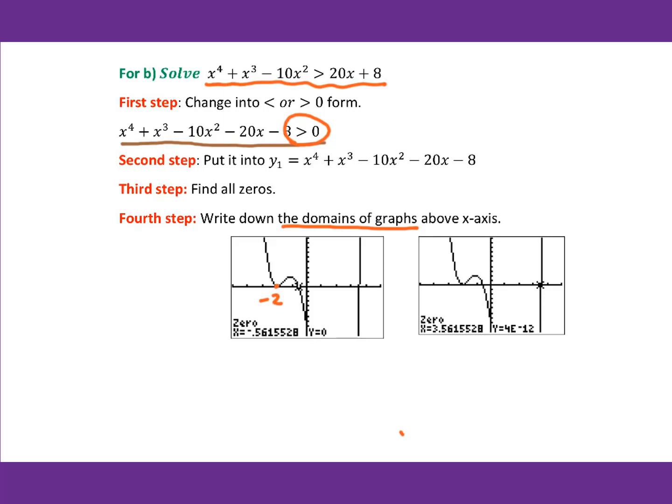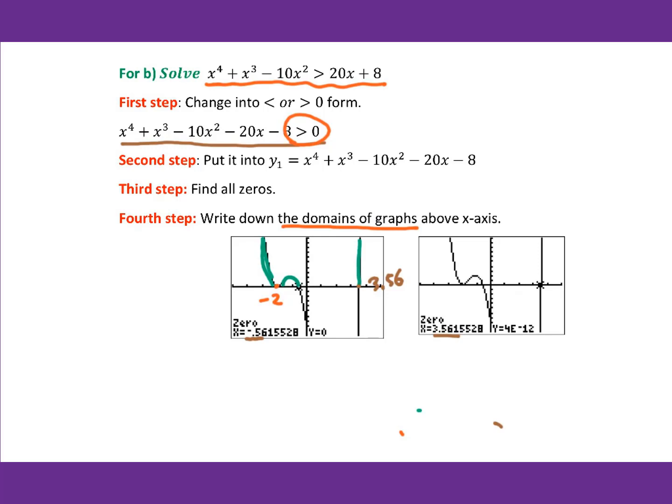Above the x-axis, you have from here to here, then from here to here, then from here to here. We know this point is 3.56. This point, that's negative 0.56.